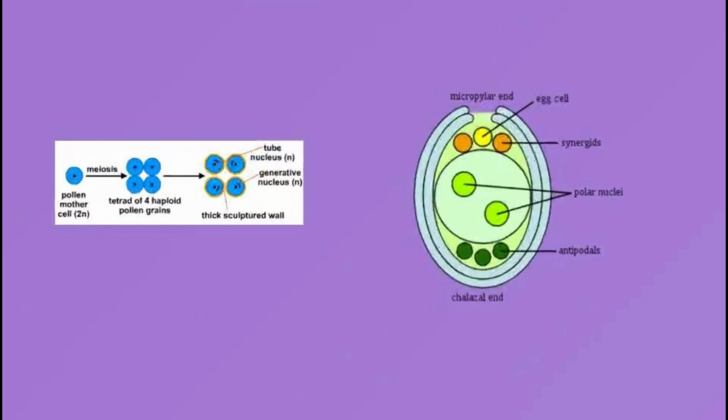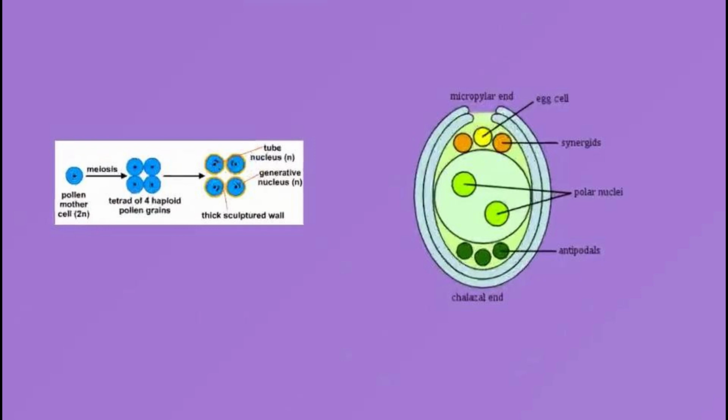So just to go over that again, we start with diploid mother cells, same as we do in animal reproduction. These undergo meiosis in the anther and they form 4 haploid microspores. The haploid microspores undergo mitosis to form mature pollen grains. There's actually fewer steps than there is in spermatogenesis and oogenesis.